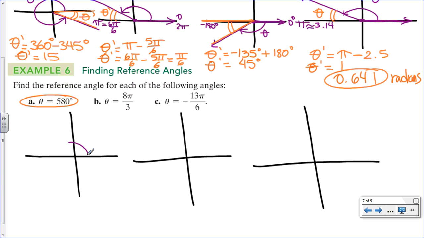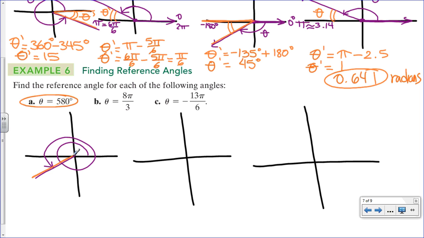If we complete one turn, how many degrees is that? 360, right? And then how many more degrees do I need to go? 220. So that will be past 180, right? So here's 360. We start here, that's 360, and then we need another 220, so that will be about 40 degrees past there.